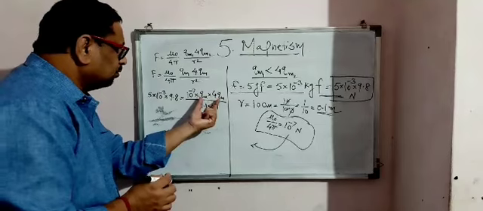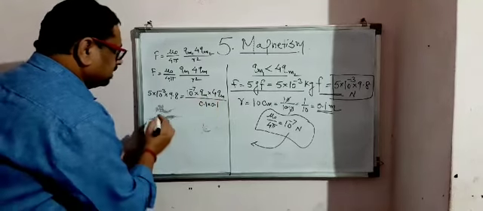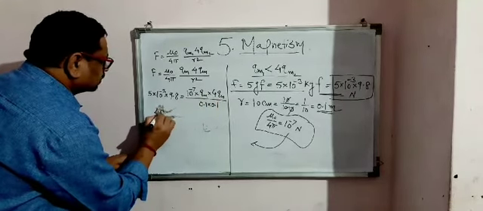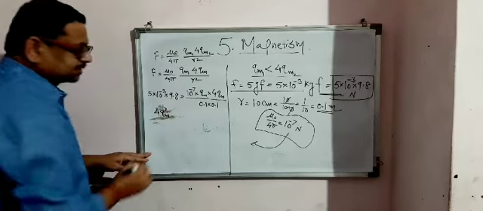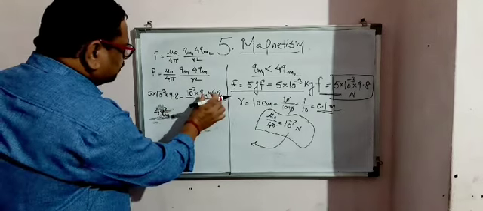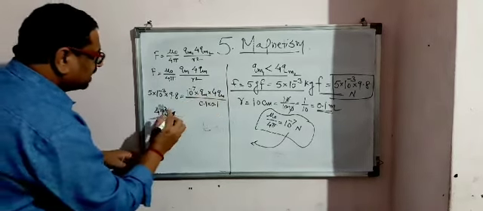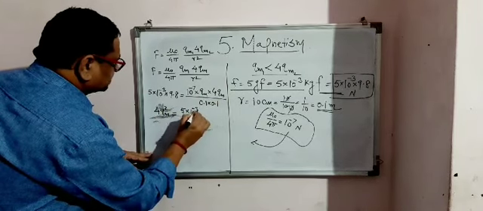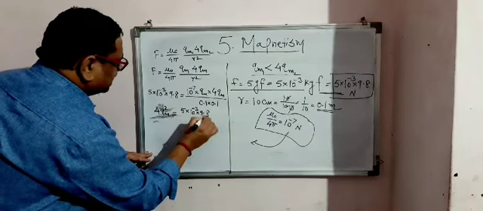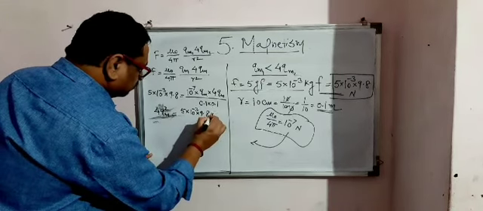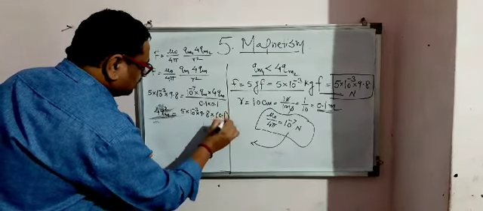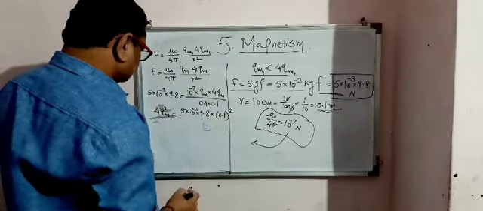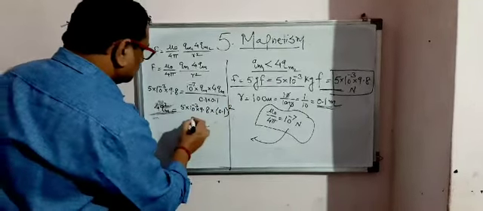See here, QM into 4QM will be 4QM of its square. Now, 5 into 10 to the power minus 3 into 9.8 into 0.1 of its square. What will happen?